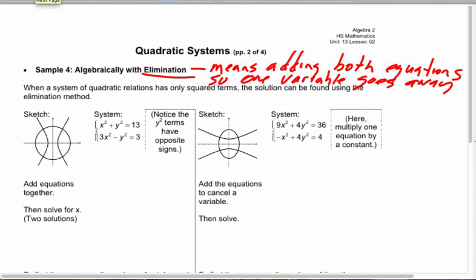You notice we've got an ellipse. No, we've got a circle, which is this guy. And we've got a hyperbola, which is this guy. And if you take a look, we have 1, 2, 3, 4 points of intersection.